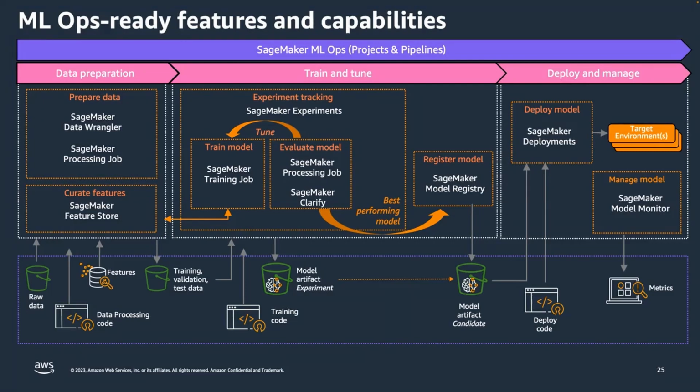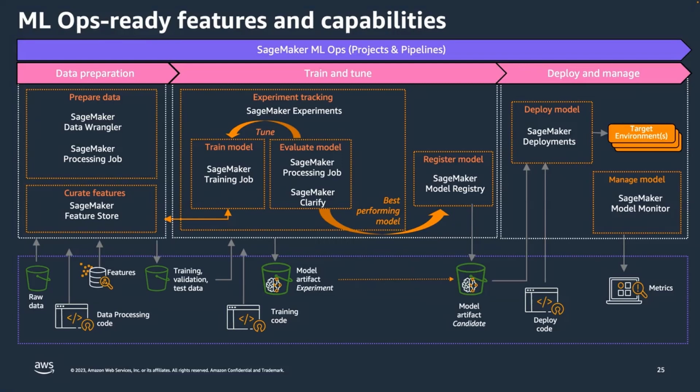This includes tools for data preparation on the left, that is SageMaker Data Wrangler, Processing Job, and Feature Store. This includes the ability for training and tuning models, so you can create SageMaker training jobs or SageMaker model tuning jobs that train a model for you using different hyperparameters.